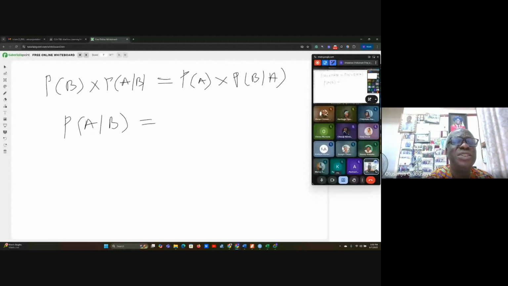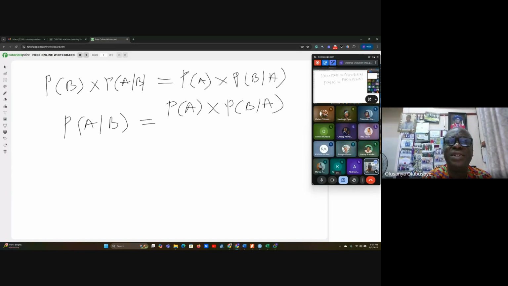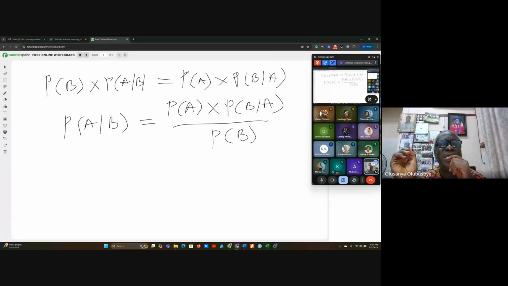So I have to divide everything by probability of B. So which means I have probability of A times probability of B given A divided by probability of B. So this is where we are going.